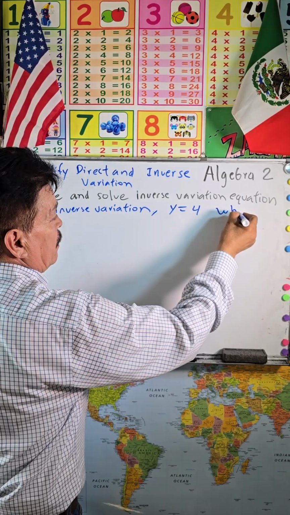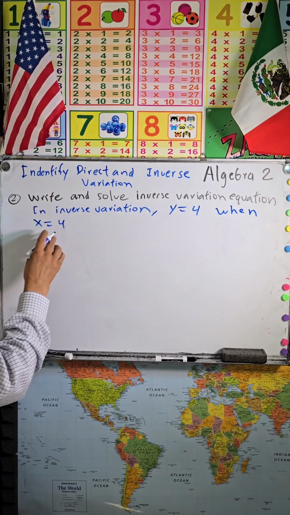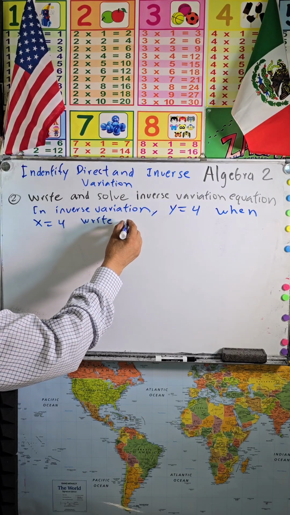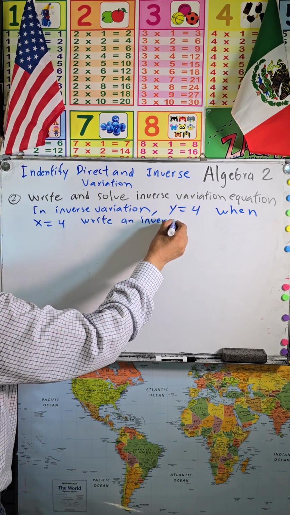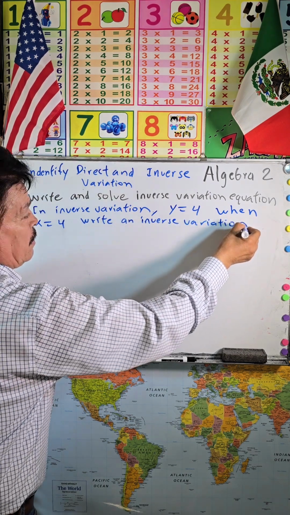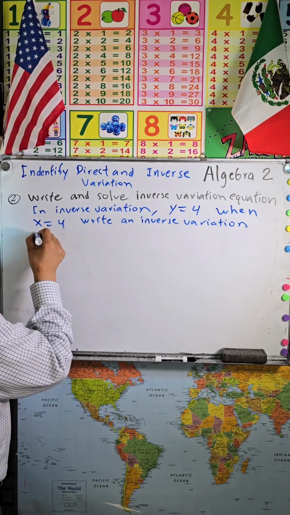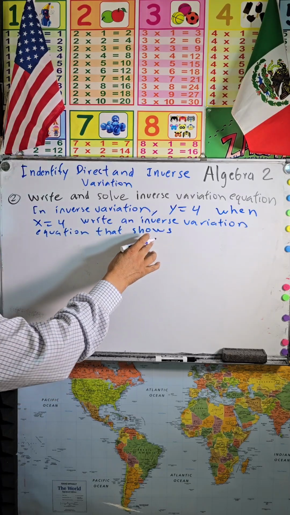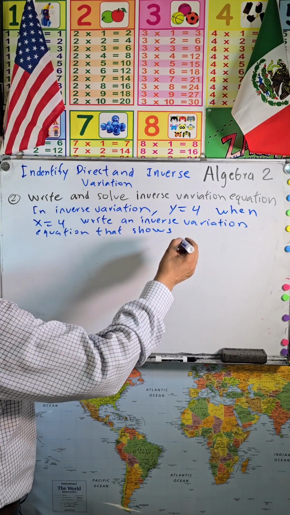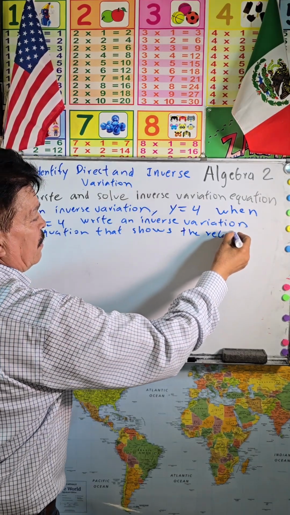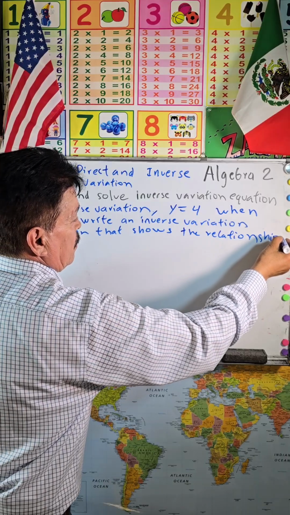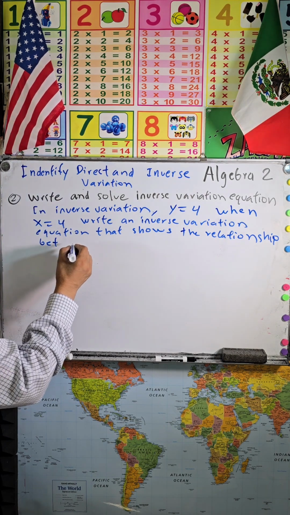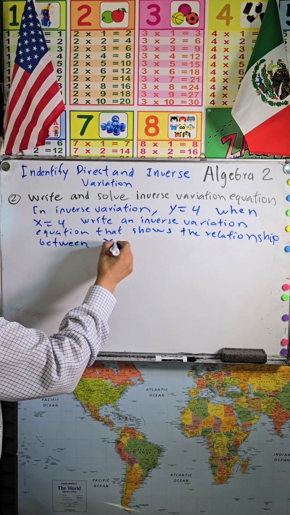When x equals 4, write an inverse variation equation that shows the relationship between x and y.